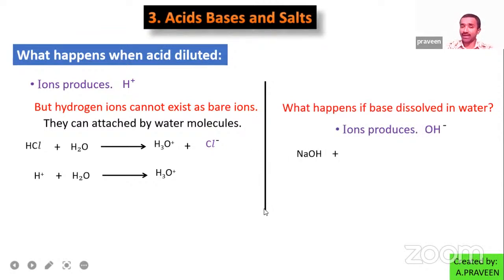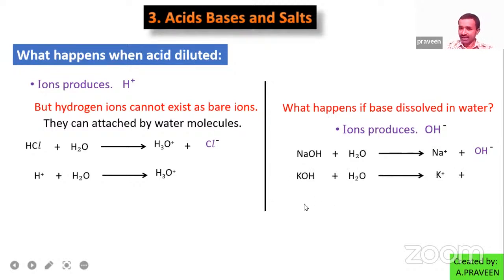NaOH combining with the water and giving you OH minus ions and Na plus ions. So that OH minus ions will affect the litmus papers. This activity is not given, only we are testing on acid, right? So simply one more example. If you take potassium hydroxide, what happens in water? They can produce K plus and OH minus ions.